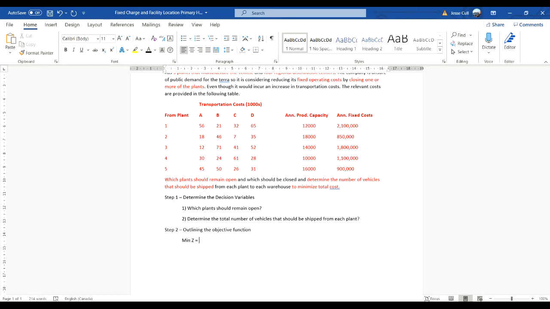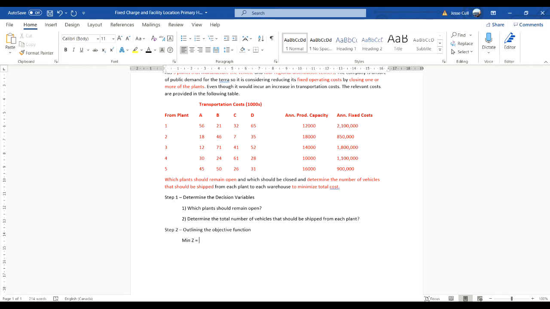That is a lot of decision variables. That's not an easy thing to determine. So let's have a look at how to do it. Please be patient. As problems become more and more complex, it takes longer and longer to outline our decision variables.